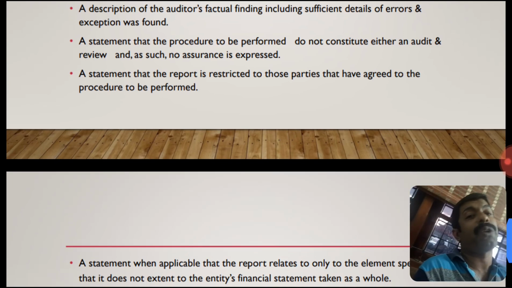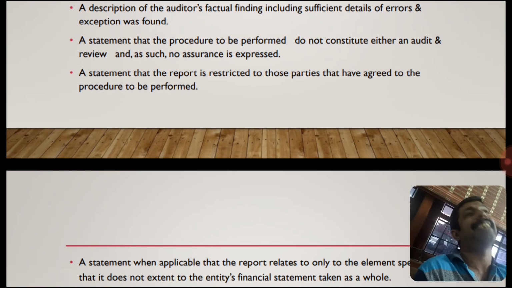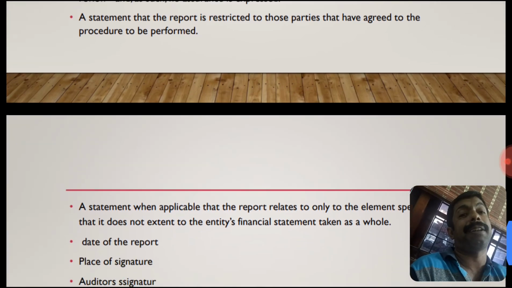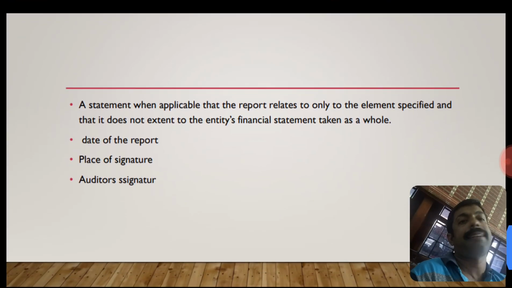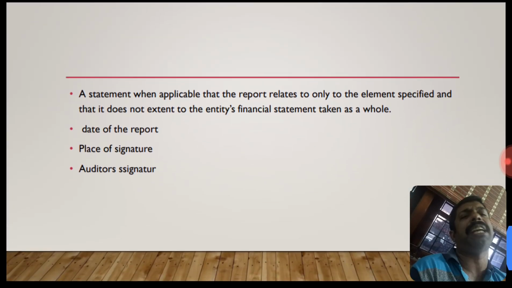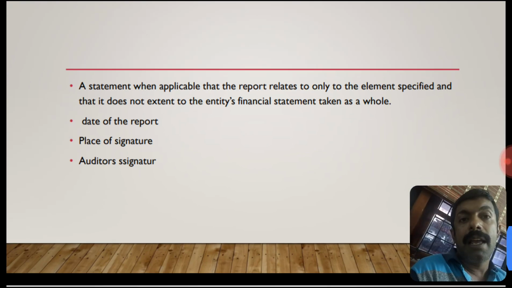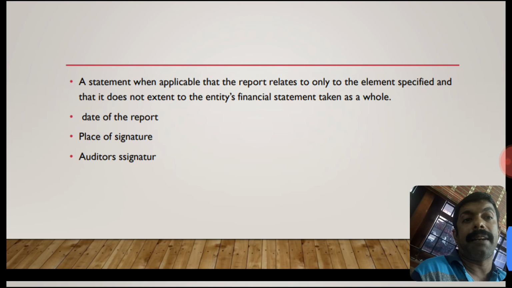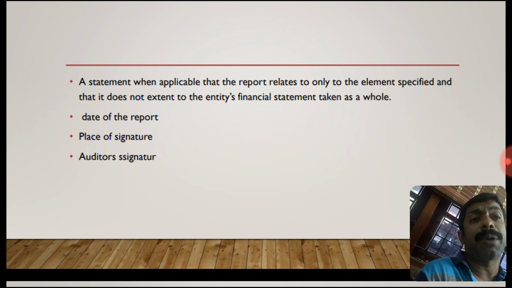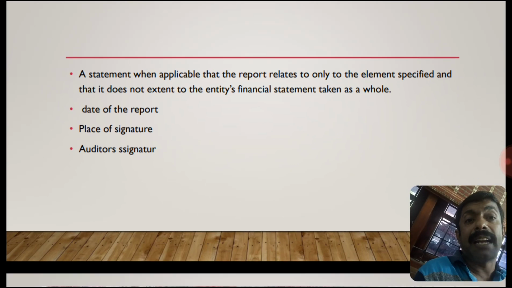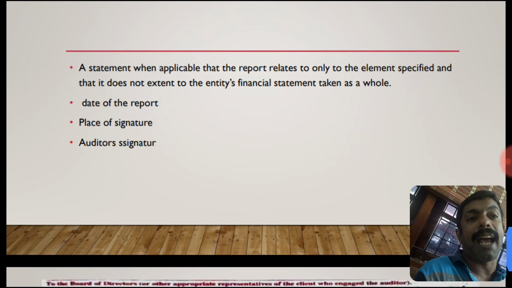Here also absolute assurance is not guaranteed by the auditor to the client. Conducting the audit does not ensure the effectiveness and efficiency with which the franchisee operations are going. A statement, when applicable, that the report relates only to the elements specified and does not extend to the entity's financial statements taken as a whole.